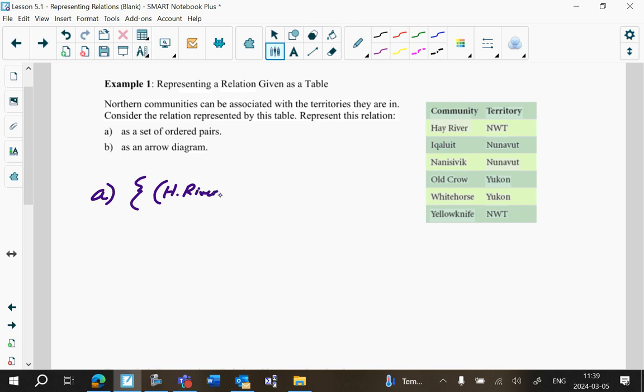So Hay River in the Northwest Territories is one component of this relation.